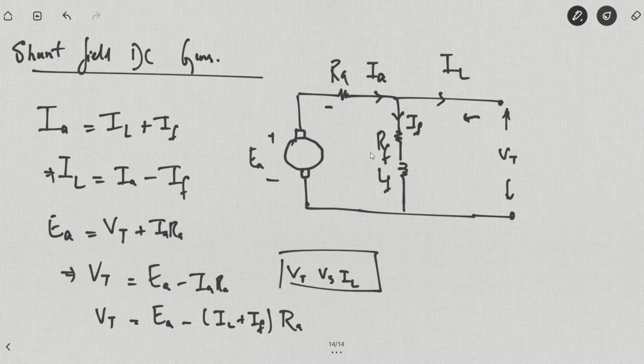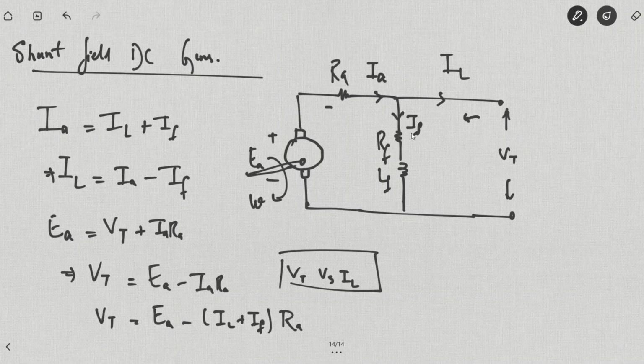The same was the case with series field DC motors. Now in case of shunt field DC generators, you can see we have the prime mover attached to EA that's actually rotating this device. So we have a rotating conductor, but there is no magnetic field. Why is there no magnetic field? Because IF will not be flowing.